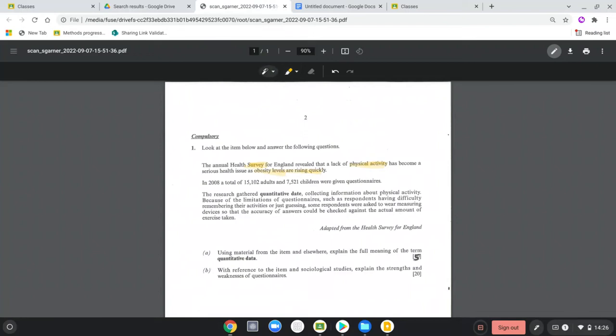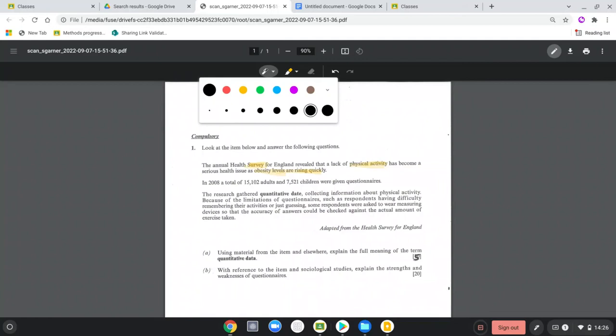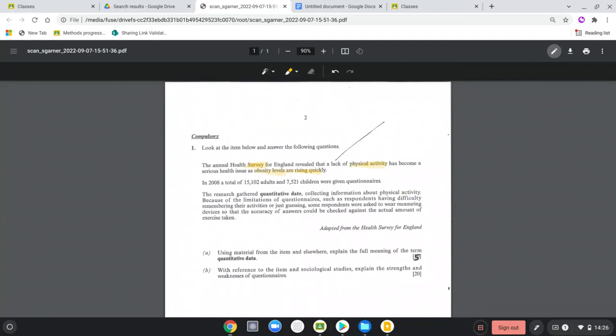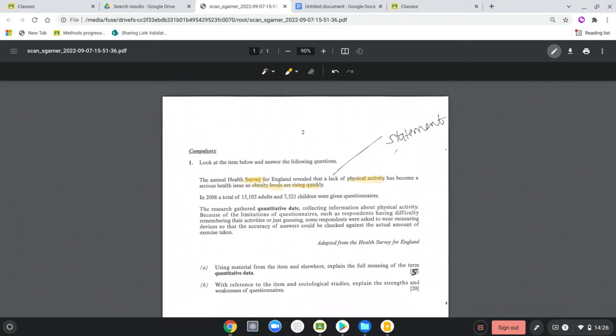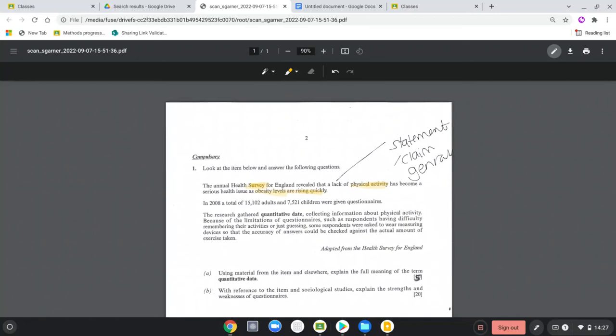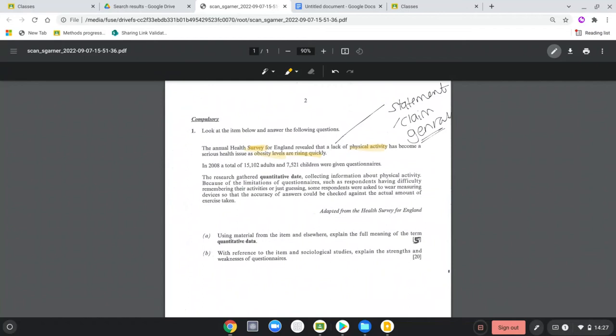That is a statement. So what I'm picking up from the item is that the lack of physical activity, that is a statement or a claim which links to generalizability. Okay, that is a statement that the physical activity has led to an issue with obesity levels.